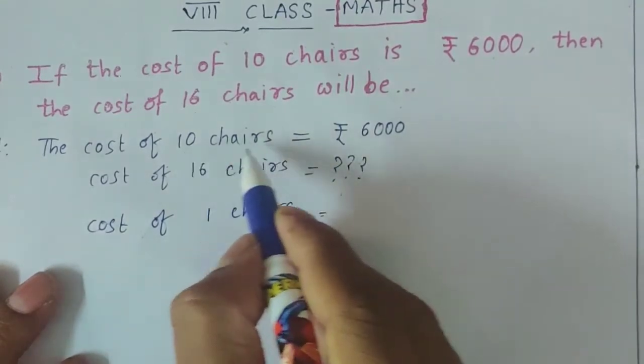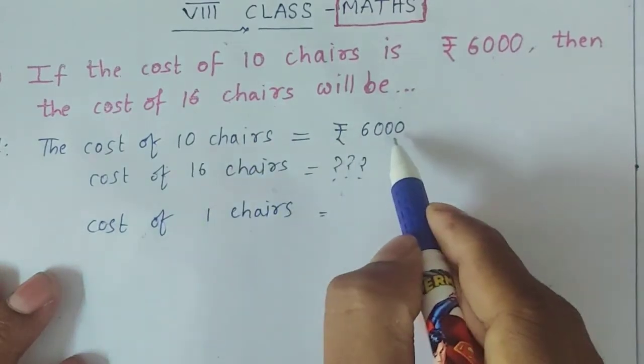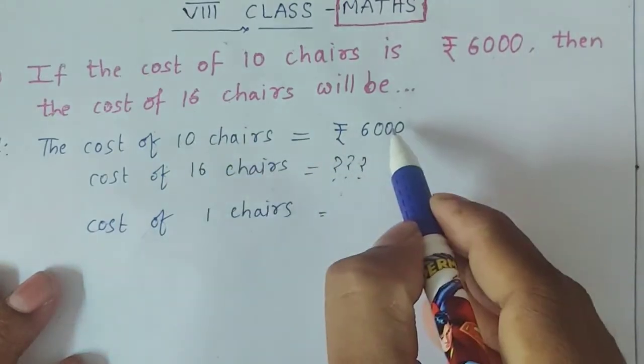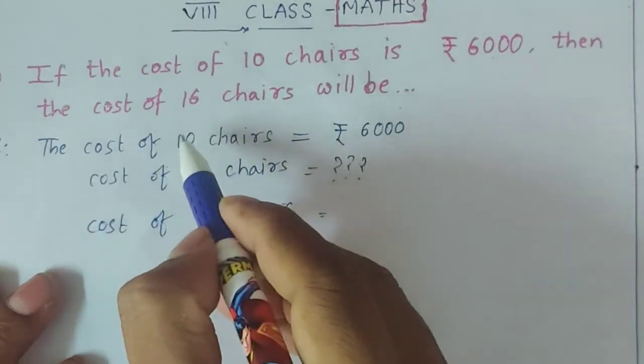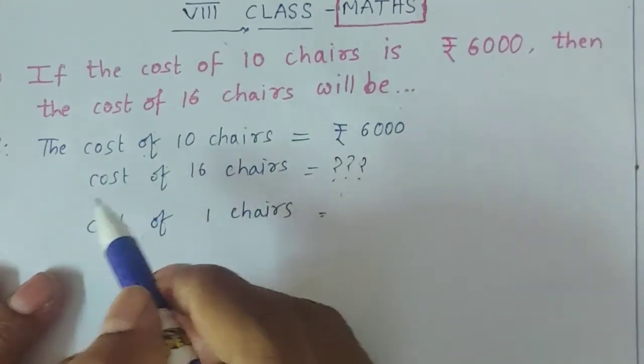From the first step, the cost of 10 chairs equals 6000 rupees. Now you need to bring this 10 to the right hand side, then it will become the cost of one chair.